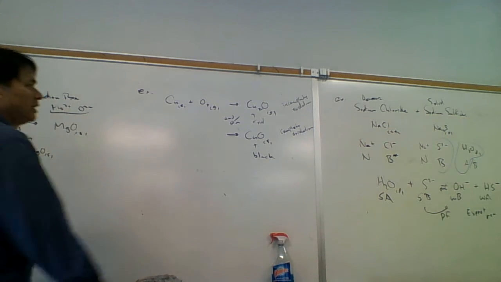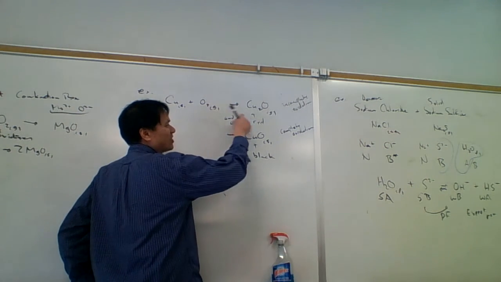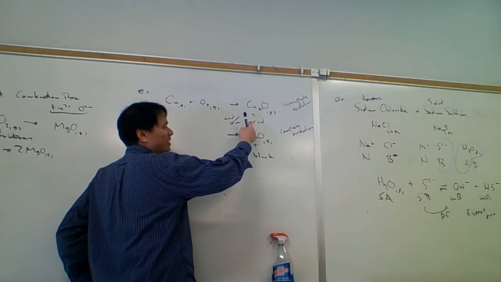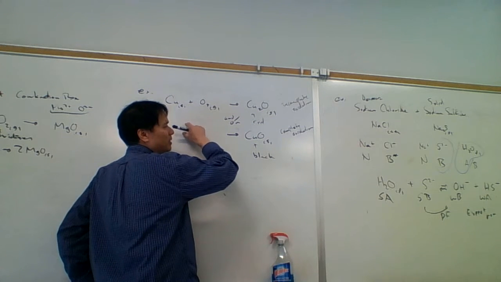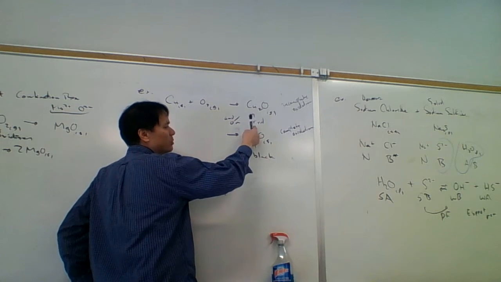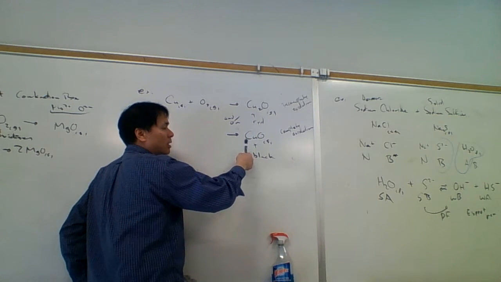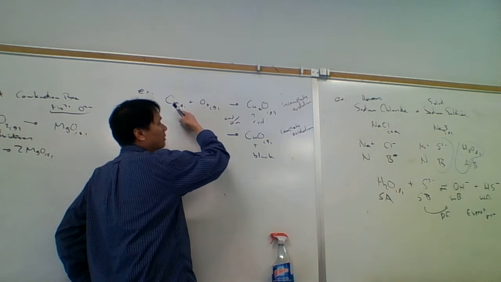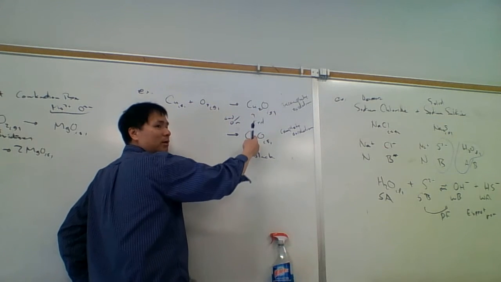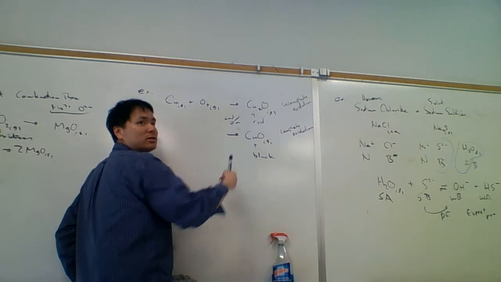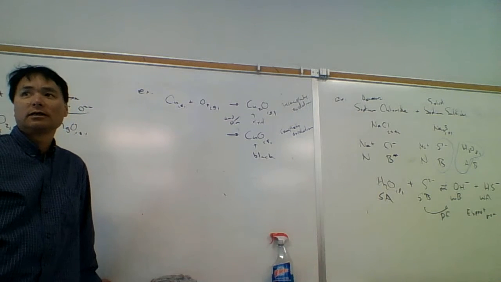With a penny we go partial oxidation here, not complete, but partial. So the copper penny goes from kind of an orange color to a red-orange color to eventually a black color. And so it's going from copper metal to copper 1 oxide to copper 2 oxide, and then it stops because that's what we call complete.